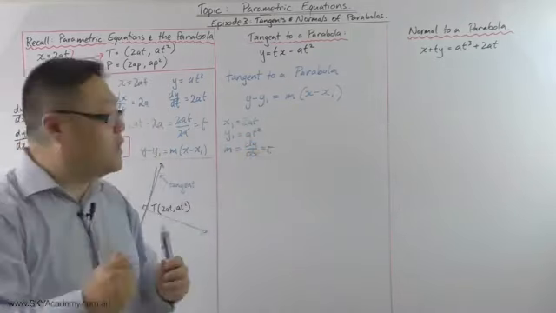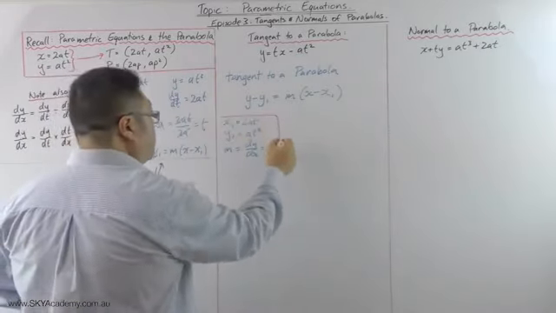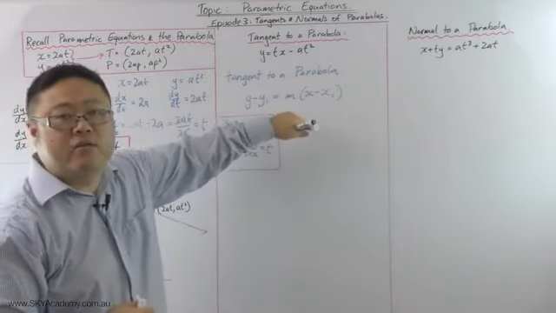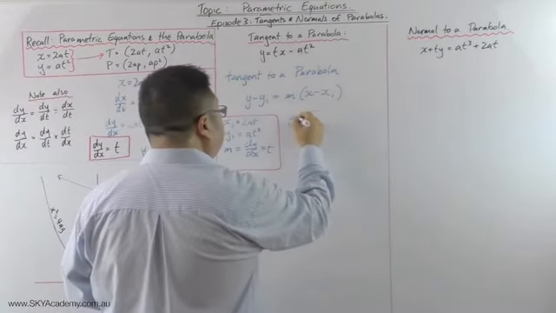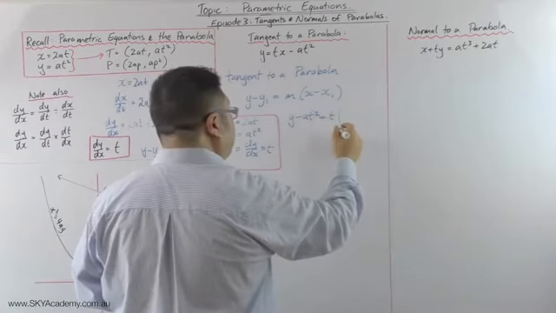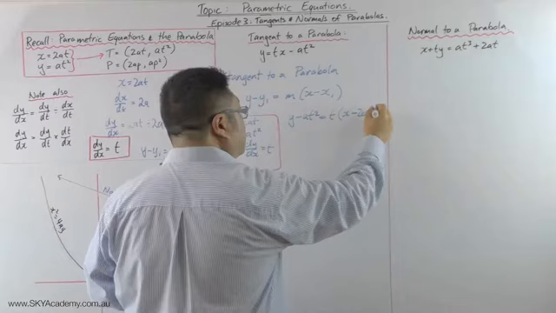All right, cool. So I want you to notice that first off. Okay, we're going to substitute into the point gradient formula, and you should get y minus at squared equals t times (x minus 2at).